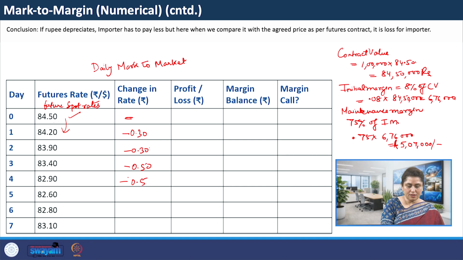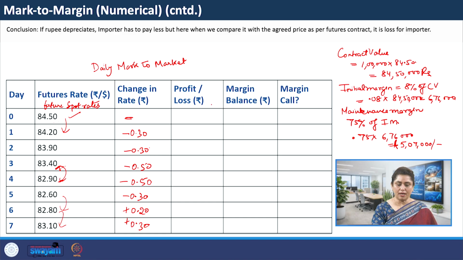Now how have I got it? I have subtracted this figure from this figure and I got minus 0.50, and here we have minus 0.30, and then the rupee again started appreciating. So here the appreciation is of 30 and here the appreciation is of plus 0.20.